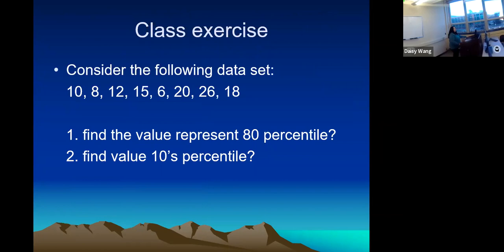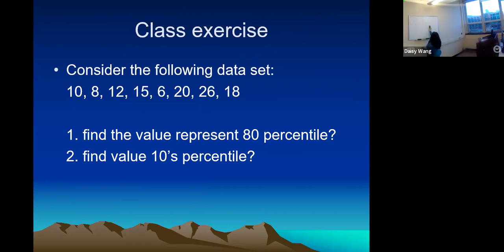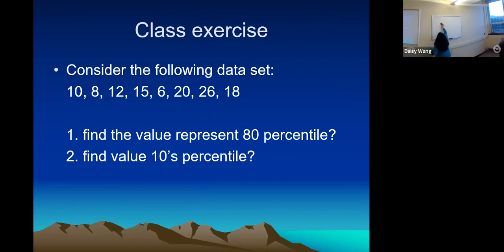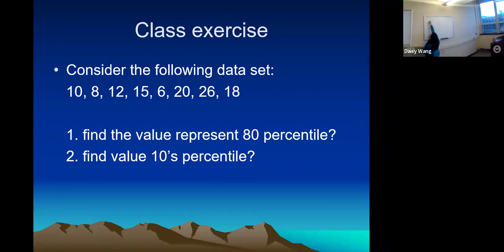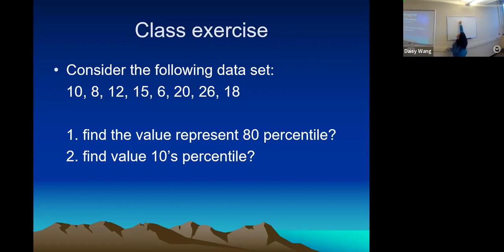Let's try this. When we have raw data, we need to rank it, right? So let me rank it. The good thing is we only have eight numbers. The smallest is 6, and then 8, 10, 12, 12, 15, 18, 20, 26, right?